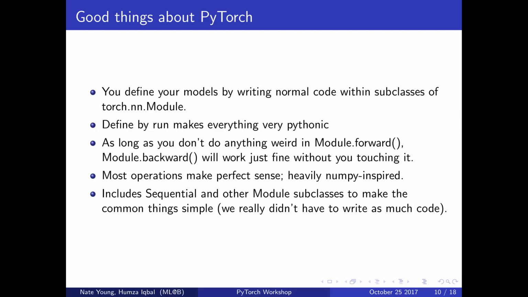We could have done the entire thing with just two sequential classes and the flattening in between them, because if you can just put all the operations in a row, and as long as they're actual operations and everything calls the output of the next thing in a nice way, sequential will work just fine. There are a number of things like that, module list, things like that. It does make some effort to cut down on boilerplate where possible.